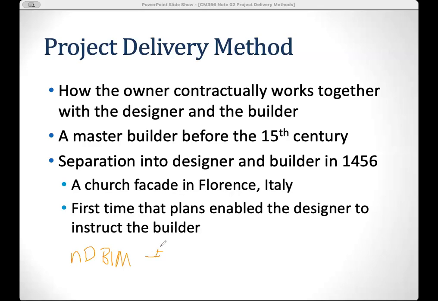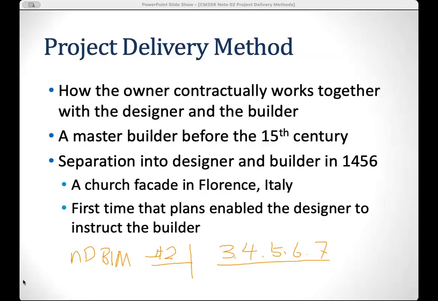With ND BIM, you get the idea from 3D, 4D, 5D, 6D, and 7D, right? To answer those questions, you can go back to lecture notes one and get the idea about it. That's a review for lecture notes one, which will be part of your assignment two.